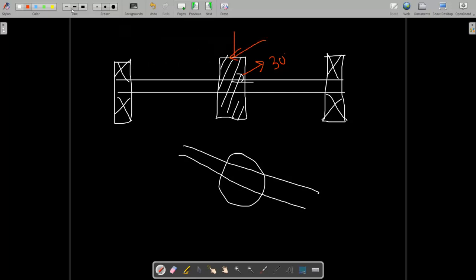This is the angle at which the force is acting. So this is the pressure angle and this is the helix angle of the teeth along with the axis of the shaft. And the pressure angle is the angle of the force between the tooth axis or perpendicular to the tooth and the force direction.